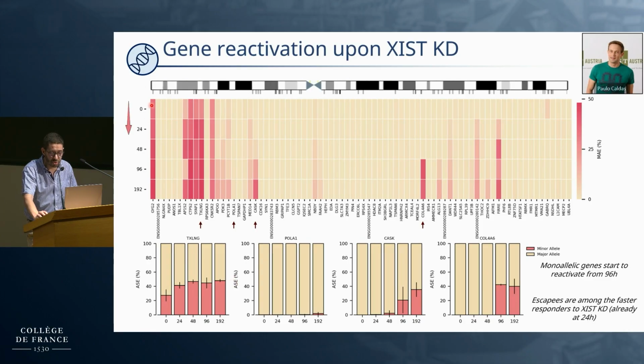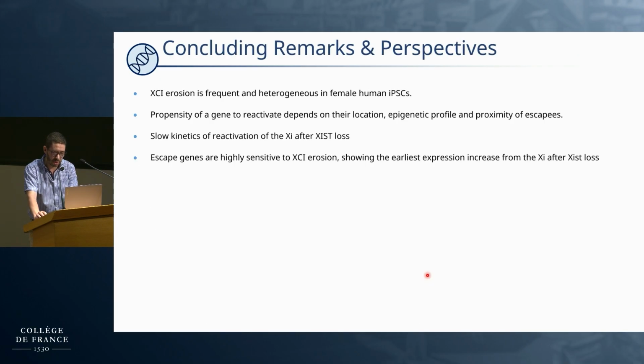And this is actually true for other XKP genes, while the monoallelic expressed genes, I mean, the ones that are overexpressed, most of them are still not very much overexpressed by 192 hours, but the two best overexpressors, let's say, CASC and COL4A6, they start really being reactivated only around 96 hours. So it really seems that upon XIST loss, XKPs seem to react before the monoallelic expressed genes.